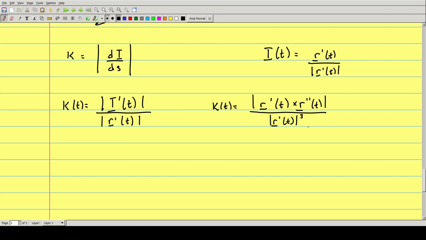So the options here are: find this, which is not practical most of the time.